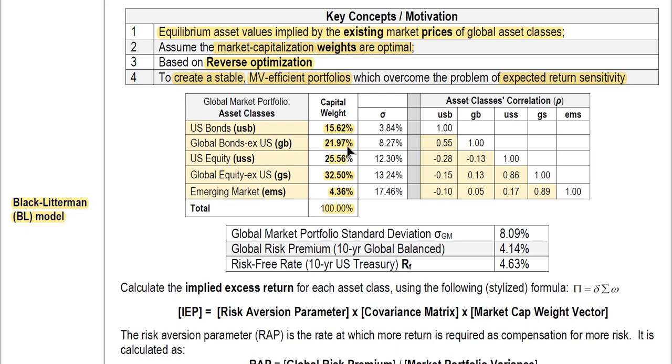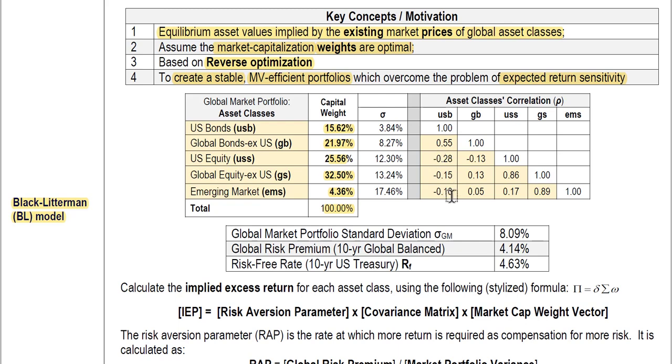Now we assume those weights are the optimal weights because these are the equilibrium condition. Then we estimate the standard deviation with respect to each asset class. Then also we have the correlation matrix here. This would be a 5 by 5 matrix again.